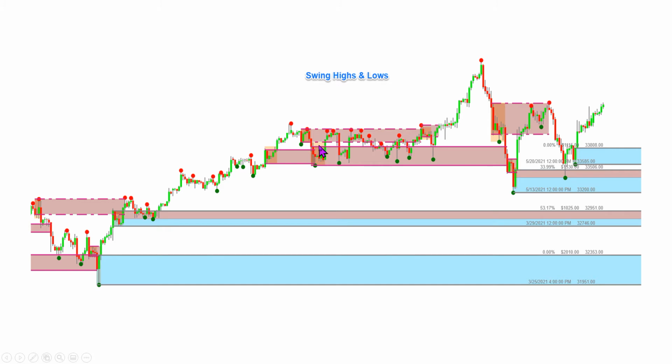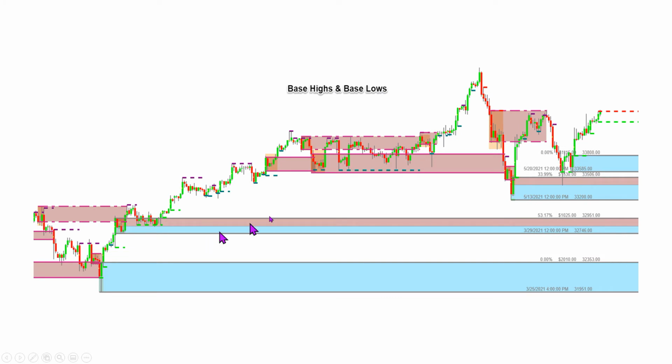Some people like to use swing highs and swing lows to assess trend, and so we have that option in the tool here. You can see here is a swing high, here's a swing low, and then you also see that we have the bands drawn as well, so you can see what that looks like on your chart.